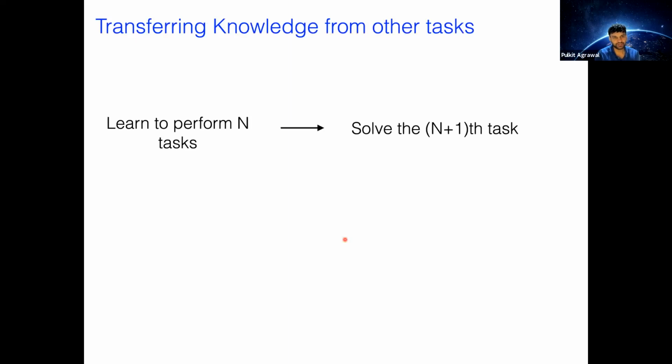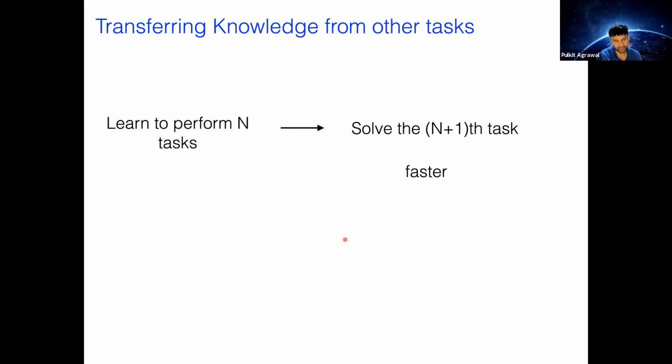So the general problem is that if we have n tasks and then I'm provided with an n+1th task, then either I want to solve this task faster. When I say faster, I mean faster with respect to training from scratch on this task, right?